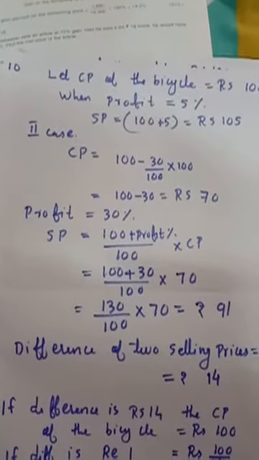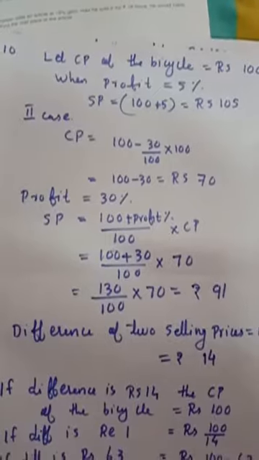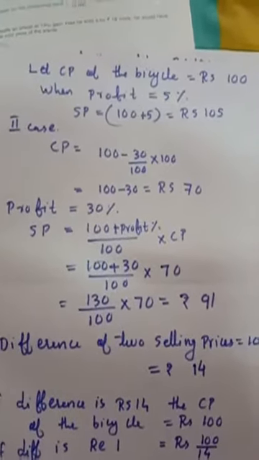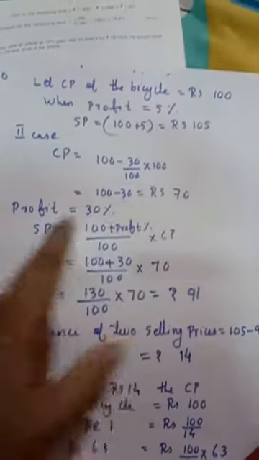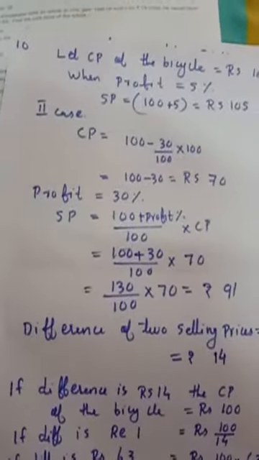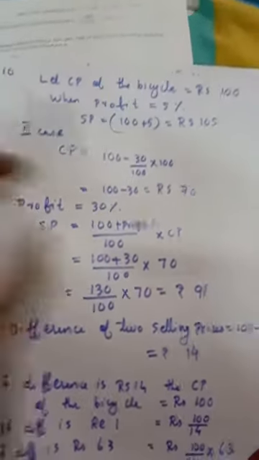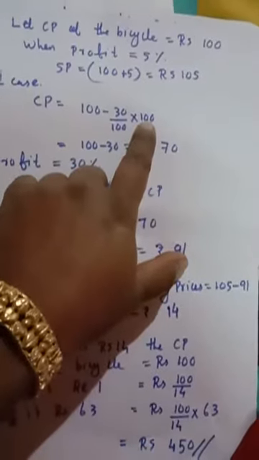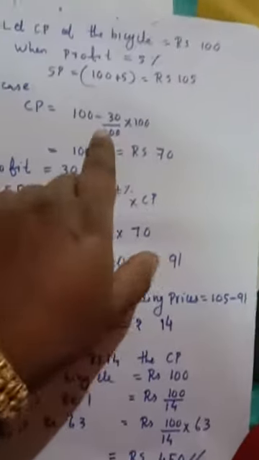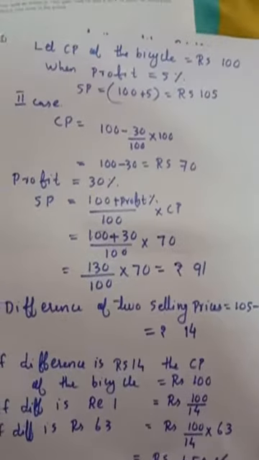Then the second case is CP is 30% less. We already assumed that CP is equal to 100. CP is 30% less means what is 30% of 100? 30 by 100 into 100, that is 30.